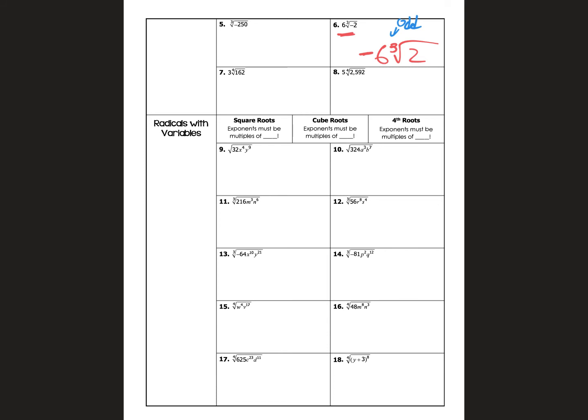All right, let's look at some of these with variables. We can do these this exact same way, right? The number portion, we'll use that factor tool from your calculator and break it up. So then 32 ends up being 2 to the 5th power. And we got x to the 4th, y to the 9th. Okay, and we could write these all out kind of the long way and just see where we end up.